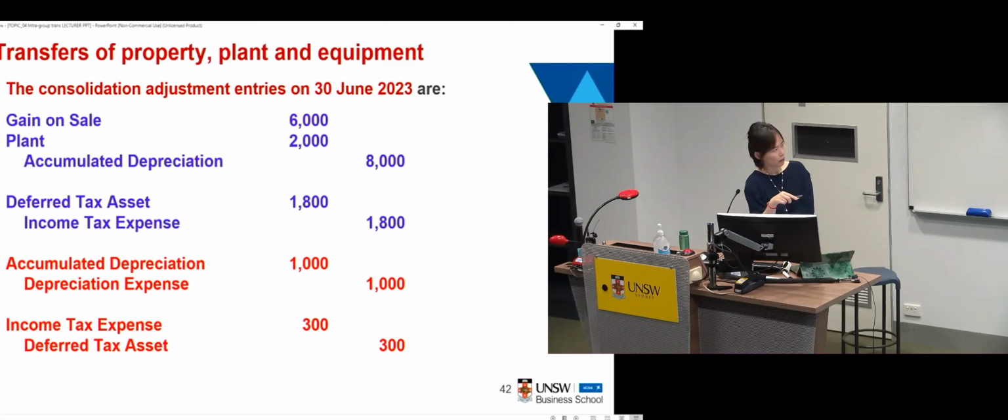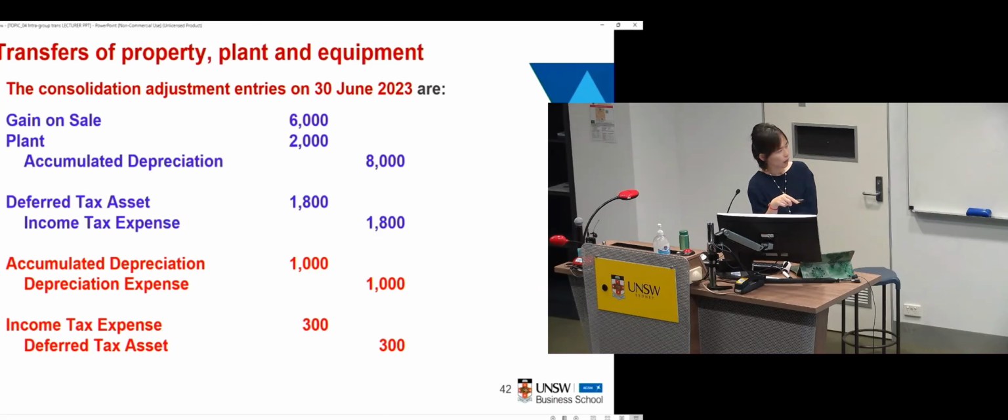Now when group current year profit is increased by the depreciation expense adjustment, we should show an increase of income tax expense, right? So we debit income tax expense 300, which is equal to 1,000 depreciation adjustment multiplied by 30% tax rate. Okay. Now then finally we show a reversal of DTA.